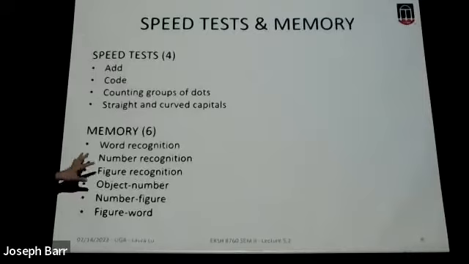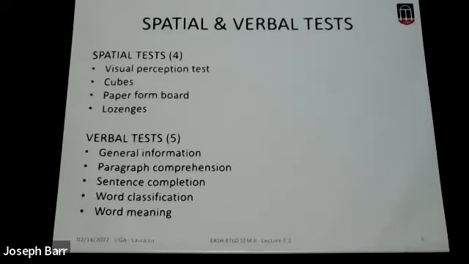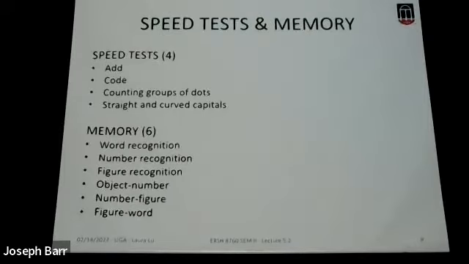And here we have 6 tests trying to measure the students' memory ability: word recognition, number recognition, figure recognition, object-number, number-figure, and figure-word. So here we have 10 tests in total, and here we have 9 tests. In total, we have 19 tests trying to get these 4 abilities.